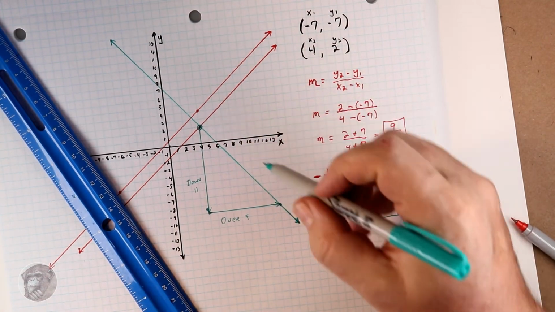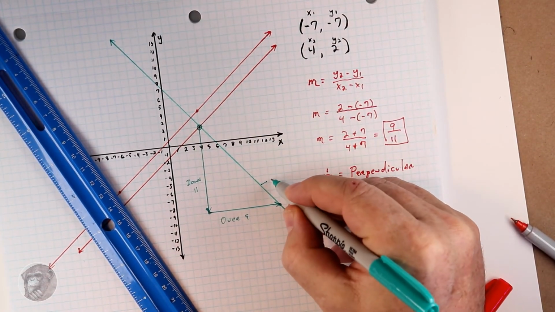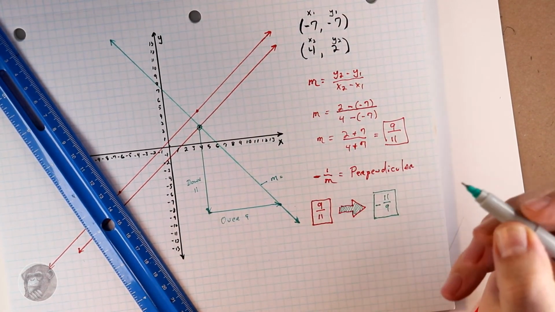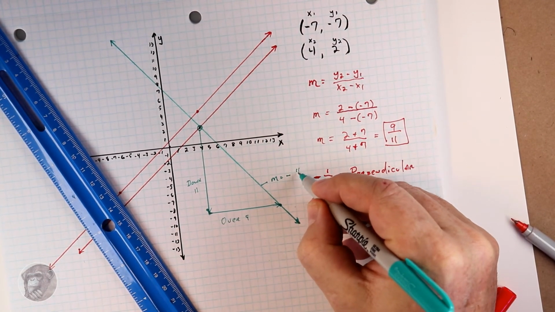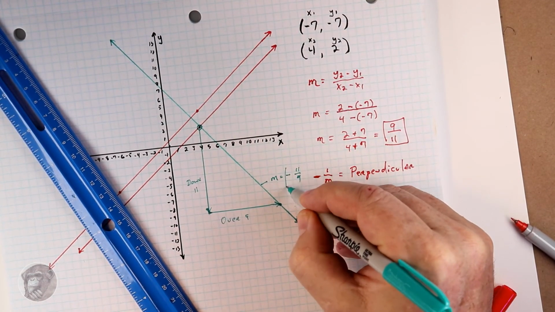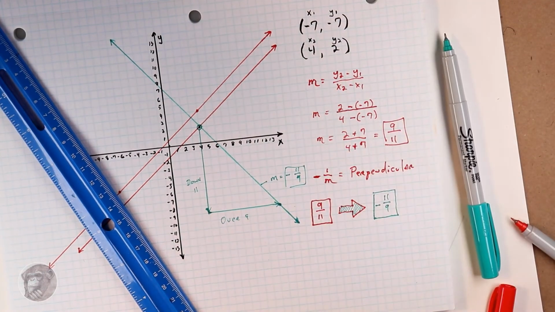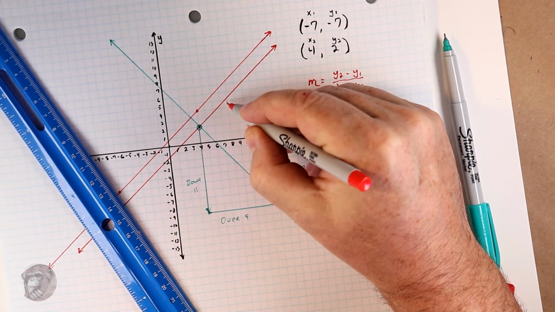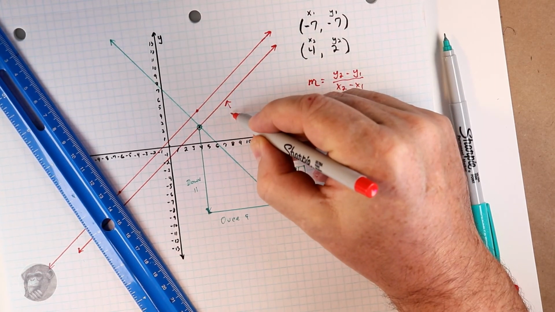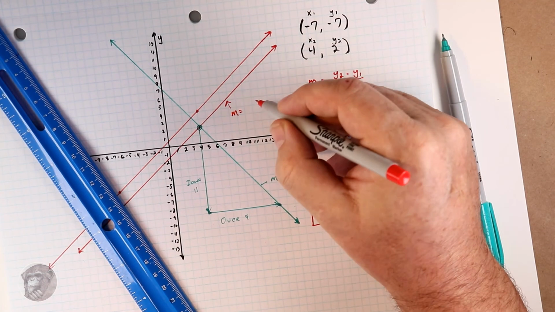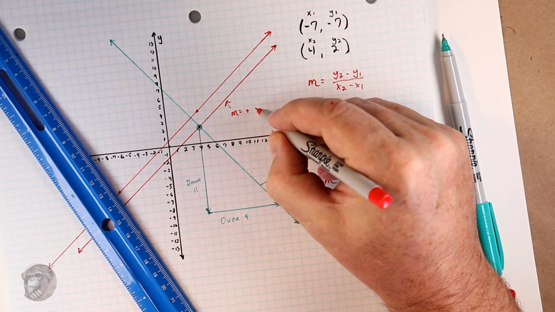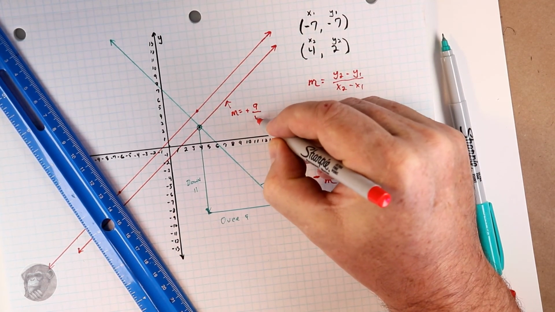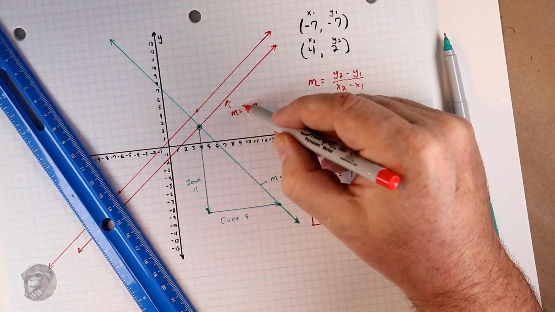So again, the slope of this one, this slope m, equals -11/9. And this slope equals positive, I'm going to put a positive in there just so you remember that it's a positive uphill slope, 9 over 11.